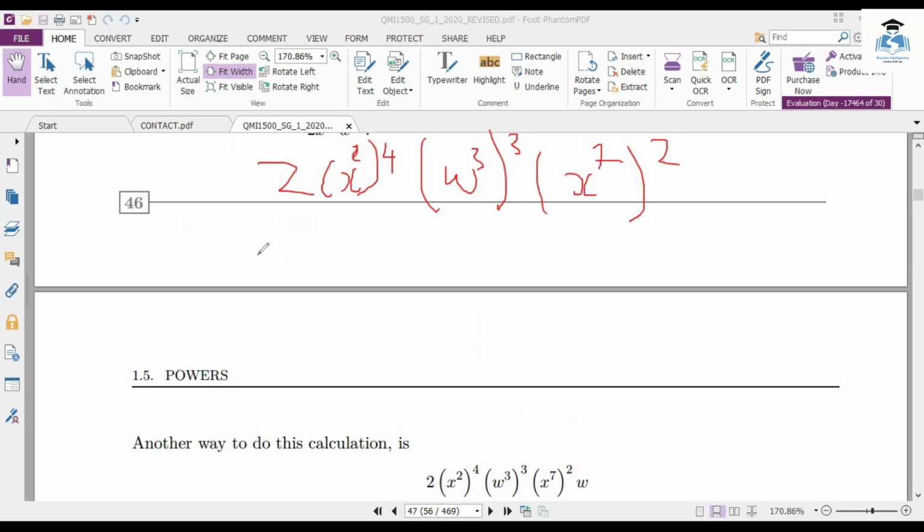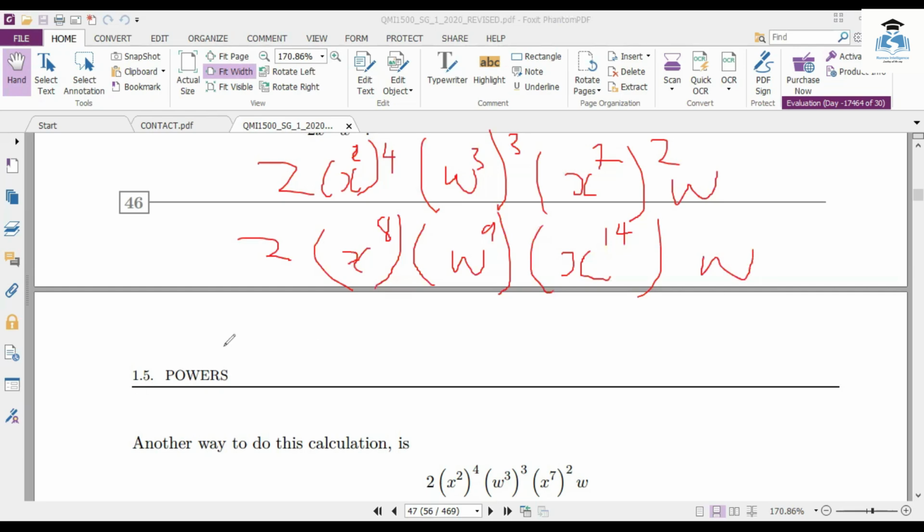Using that simple rule, we multiply the exponents. So 2 times 4 is 8, then w, 3 times 3 is 9, over 7 times 2, which is 14.